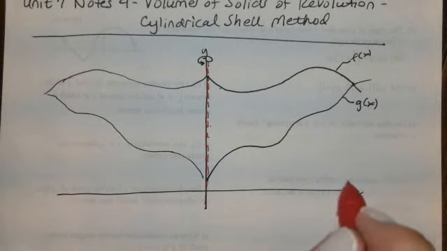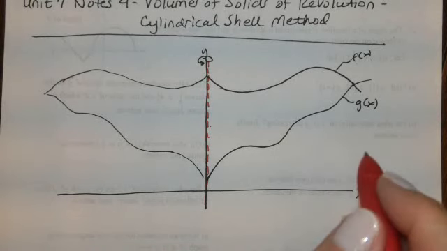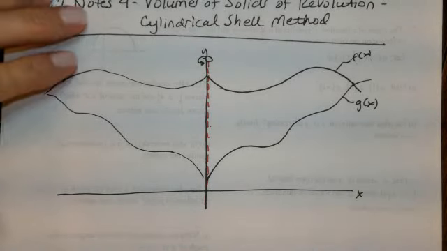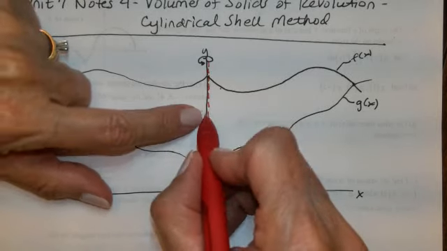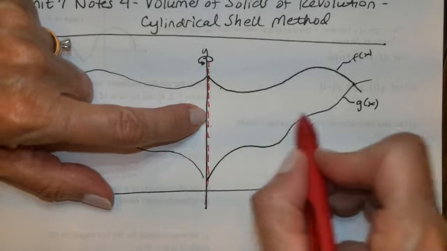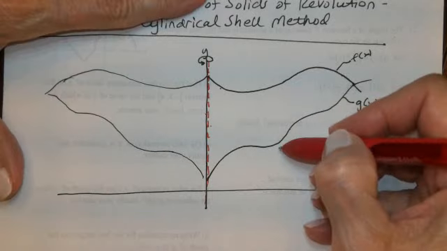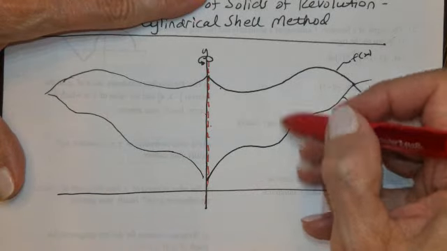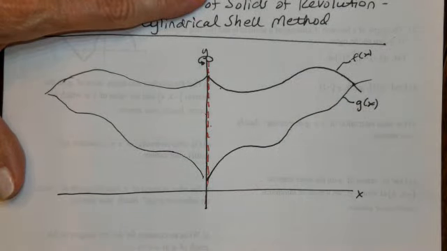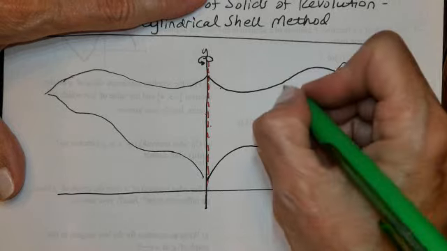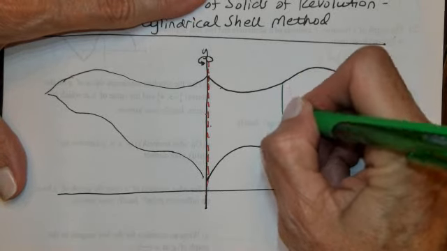So here's what the cylindrical shell method is. I'm going to draw a slice, but instead of drawing it from the axis of revolution to the far side of the region, I'm going to draw a slice in the x direction, have a little delta x. So I'm going to make that slice maybe just a representative slice.